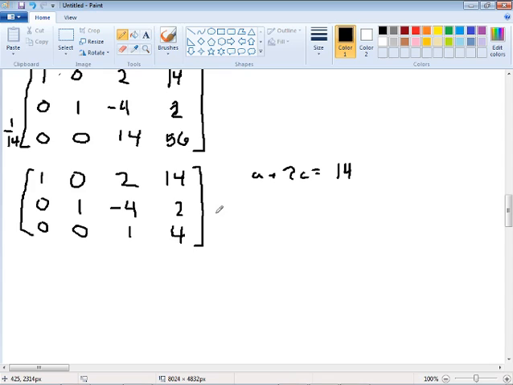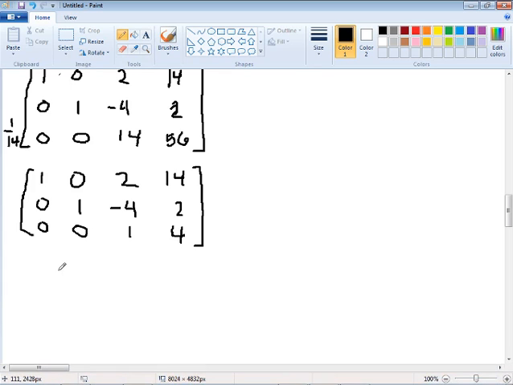And then there's no a, but there's a b minus 4c is equal to 2. And then c is equal to 4. And then I could put those back in there and find those out if I really wanted to. Now that's one way of doing that. But let's go ahead and finish off the matrix because it's a lot more fun that way. Let's complete it all the way down so we get all of our answers like we're looking for.